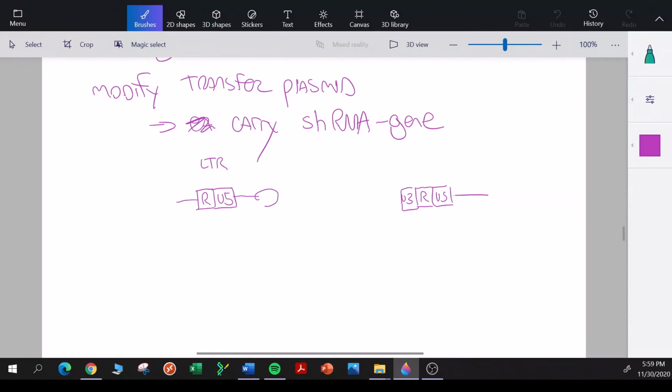And here we're going to have an RRE element, which is an extra detail we probably don't need at this point. But remember how we had that Rev plasmid? The Rev protein binds the RREs and helps transport these sequences in RNA form throughout the packaging cell. Okay, now this is where we would have that short hairpin RNA encoding gene. So right in here.